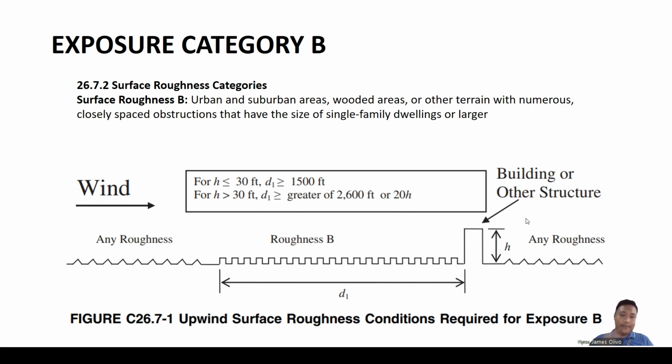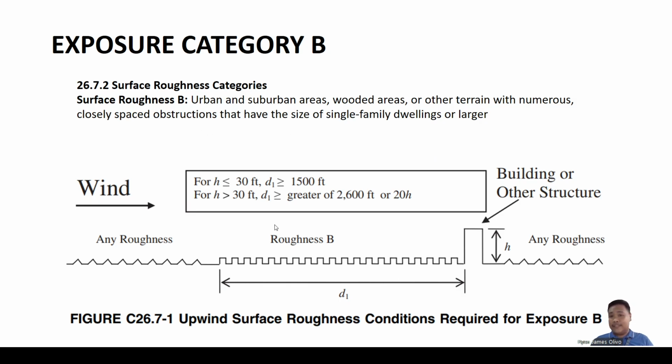This is a simple representation of what is exposure category B. Exposure category B is where the roughness in the upwind of the building or structure is immediately roughness B. So, if you have a roughness B that is immediately upwind of the building, the exposure category is B.